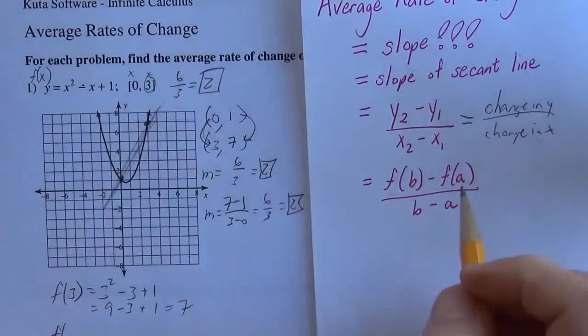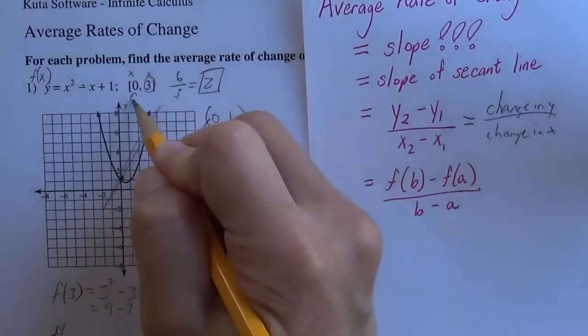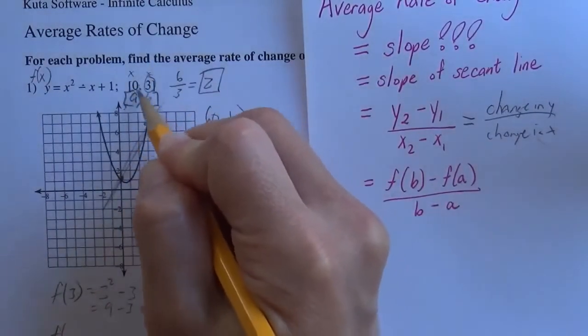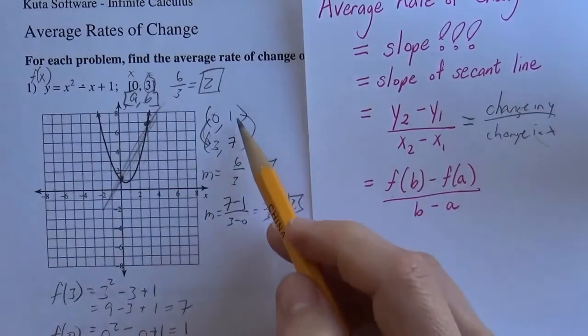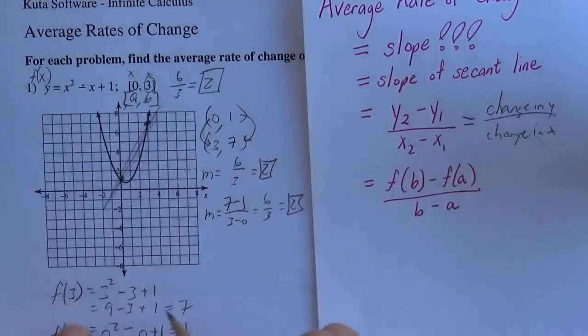And then f of a, this is a and b here, should have mentioned that. So a is 0, so this is 0 squared minus 0 plus 1 is 1, just like we knew it would be, right?